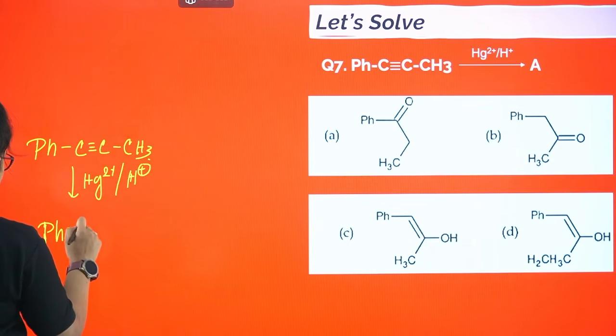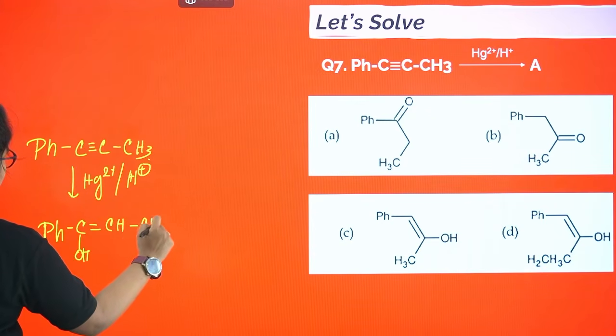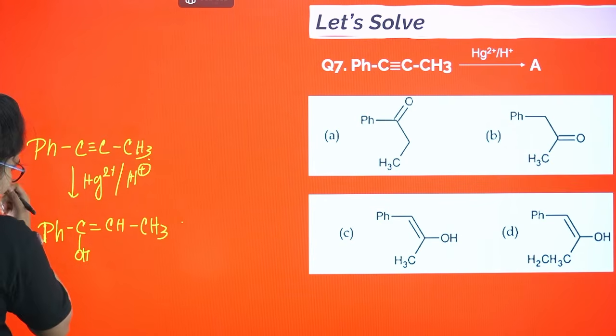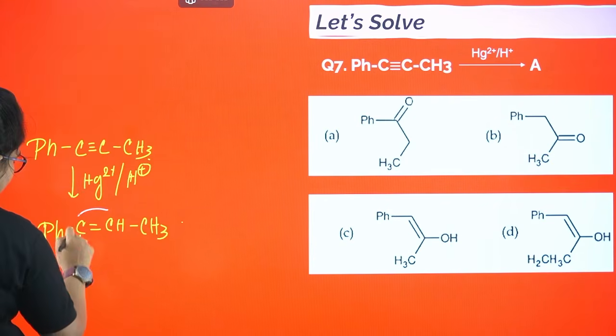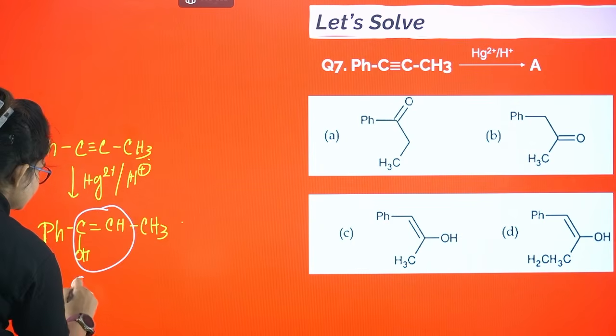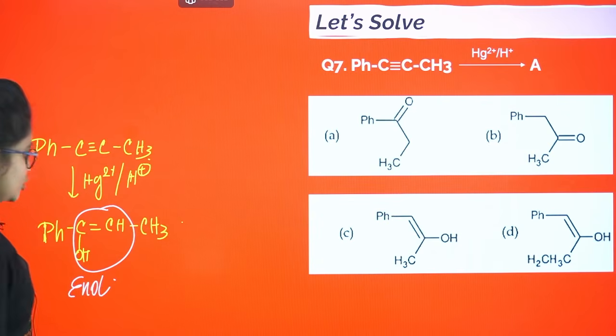Ph along with C, here you will get OH, here a double bond, here CH, here CH3. Okay, now here it is not the end, because if you look properly at this functionality, this is basically an enol. Enol will tautomerize, right?